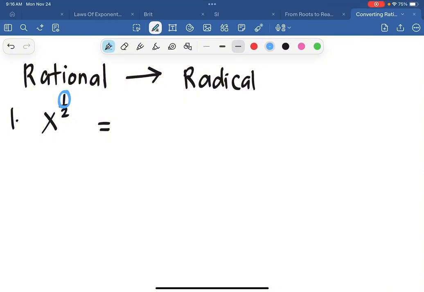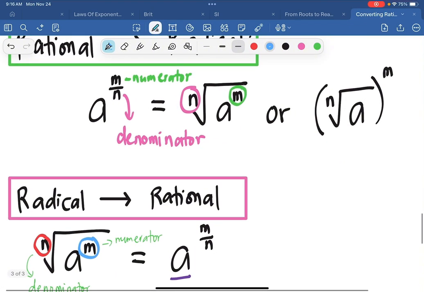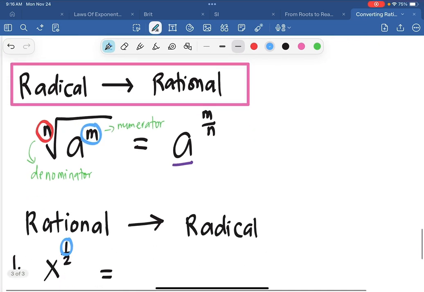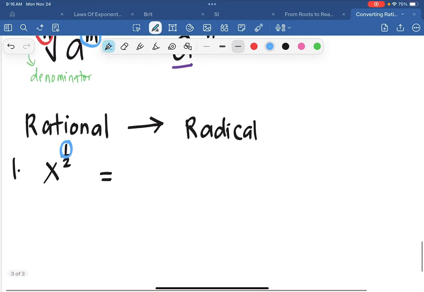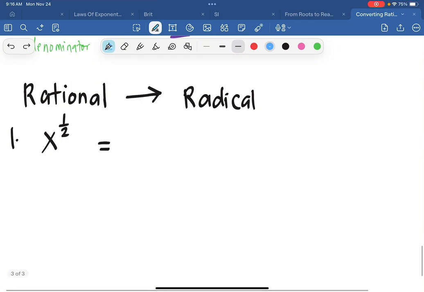And our 2 here should be our index or nth root. So writing this would be 2, then the radical symbol, x raised to 1.